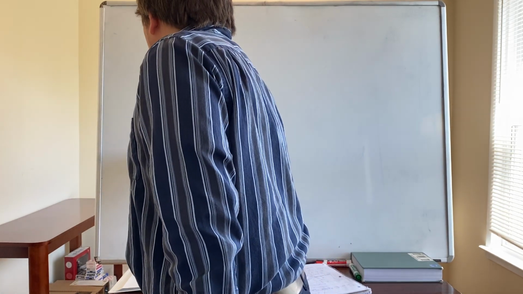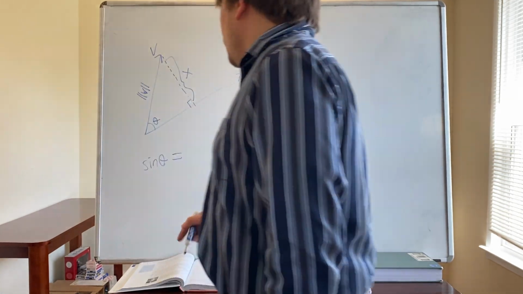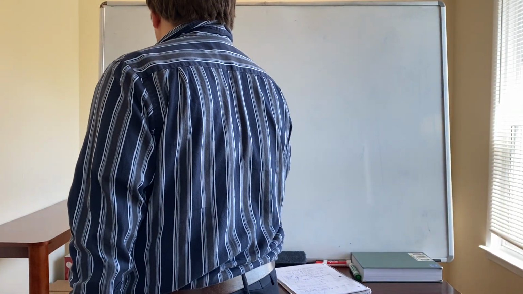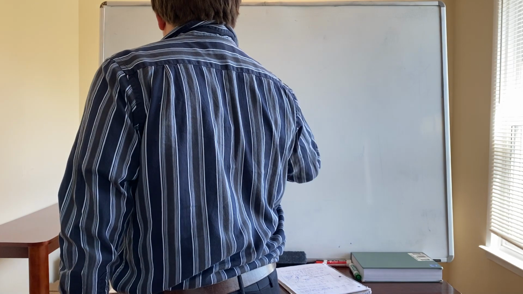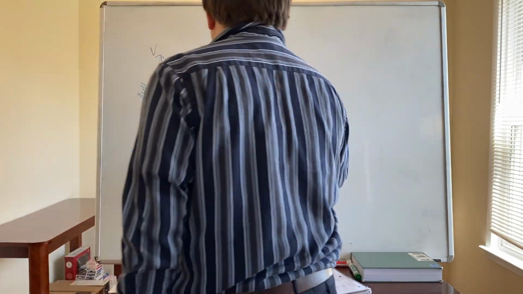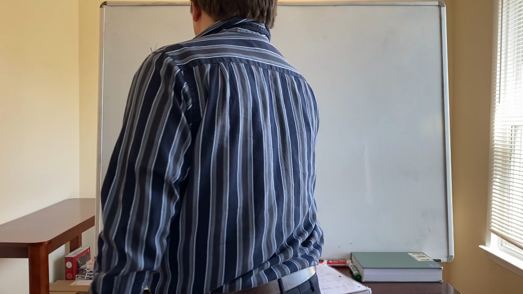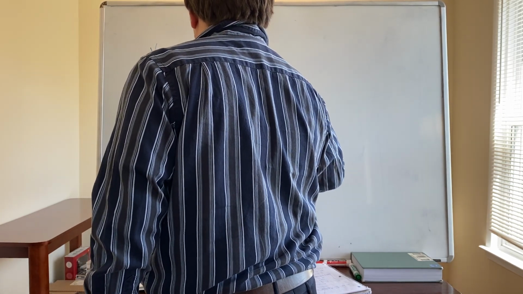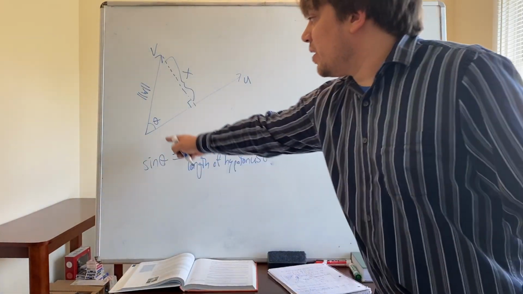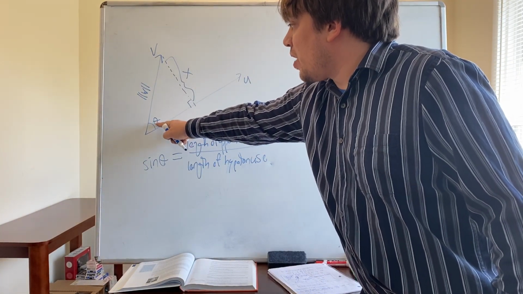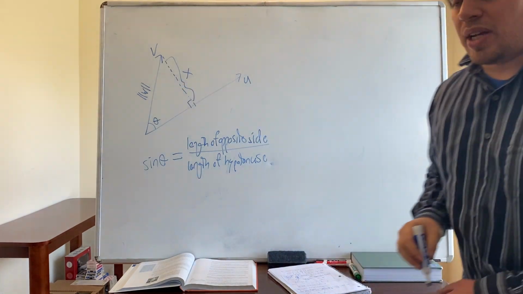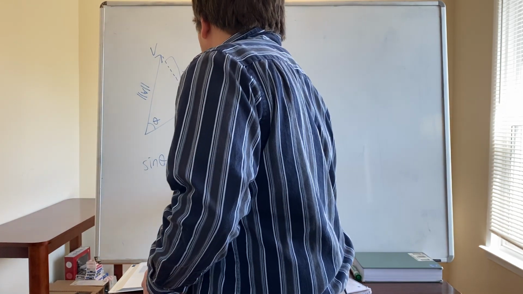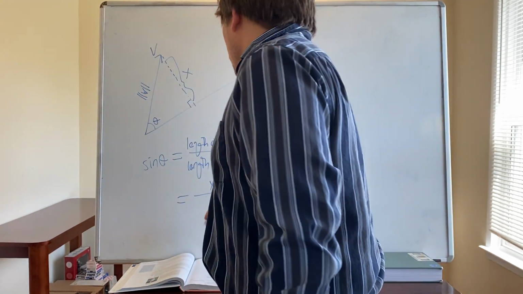Then sine of theta is equal to the ratio of the length of the opposite leg over the length of the hypotenuse. So sine theta is the length of the side of the triangle opposite to the angle over the length of the hypotenuse. The opposite side is the unknown we're trying to find, x, and the hypotenuse is the norm of v.